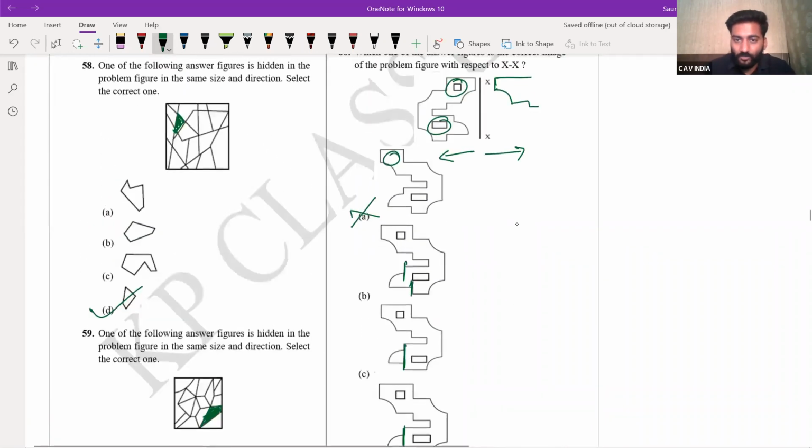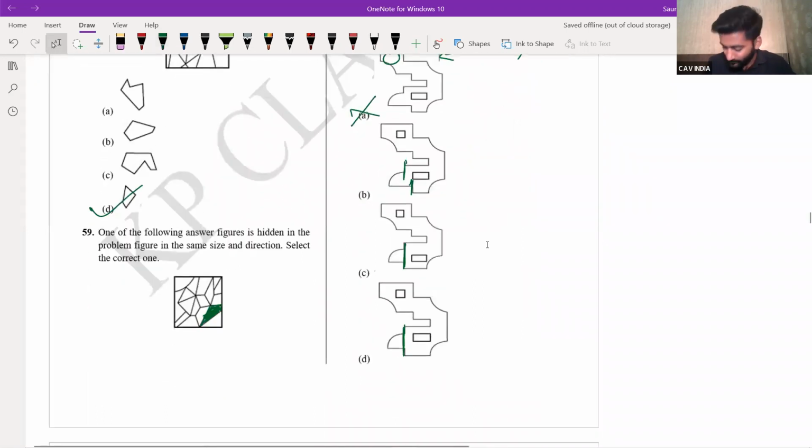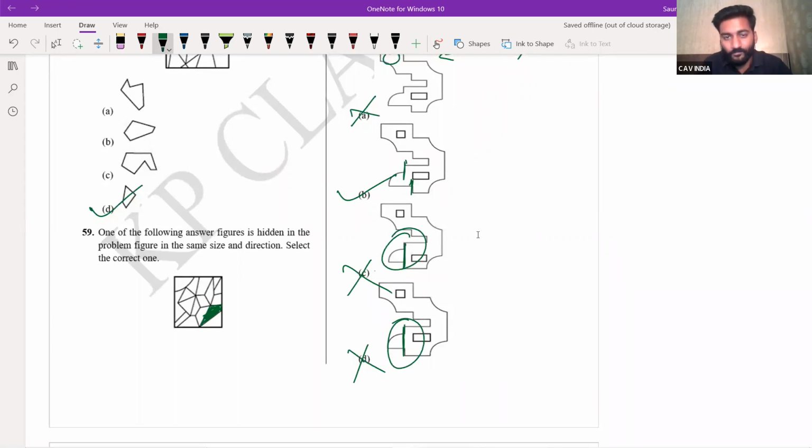And when you observe in the question, they are not in one line, or they are not aligned, let's say. So no need to even draw the exact mirror image of it. You can just observe a few things and then you can get the answer. B is the right one. C and D both got cancelled out because of this reason. Right?